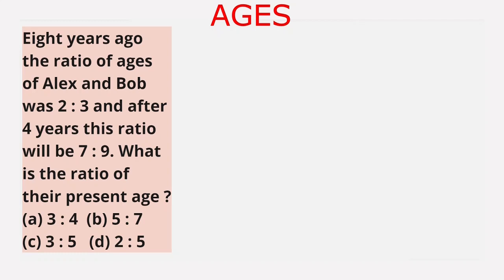So for Alex I write A and for Bob I write B. So A ratio B is 2x ratio 3x, as it is given that it is 2:3. So I write it as 2x upon 3x, and this was the ratio 8 years ago, and it is given that after 4 years from present, this will be 7:9.